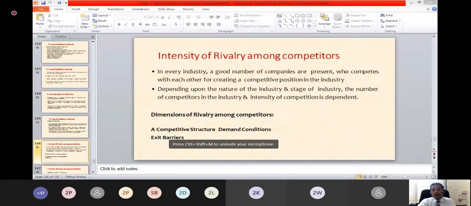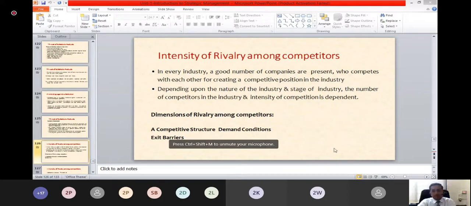So depending upon the nature of the industry and the stage of the industry, the number of competitors and the intensity of the competition are dependent. This intensity is dependent on the nature of the industry, what type of industry it is, and what stage of the life cycle that industry has reached. So the intensity is dependent on these two factors.